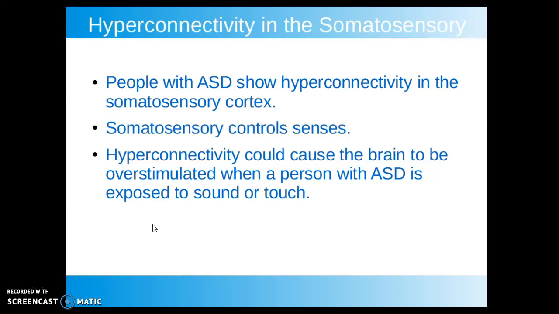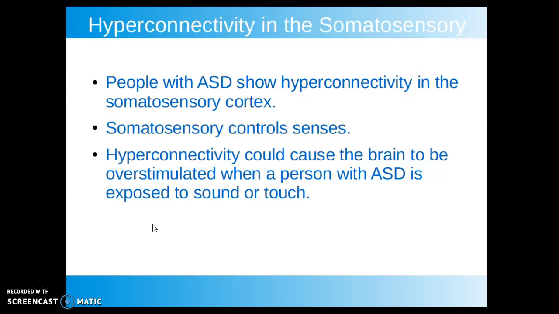An area of hyperconnectivity in autism that I want to focus on is the hyperconnectivity in the somatosensory. Somatosensory has to do with your sense of touch and your sense of hearing. So back to the young lady that I observed, growing up, when she was being told to try different foods and eat different foods, there were certain textures that bothered her.